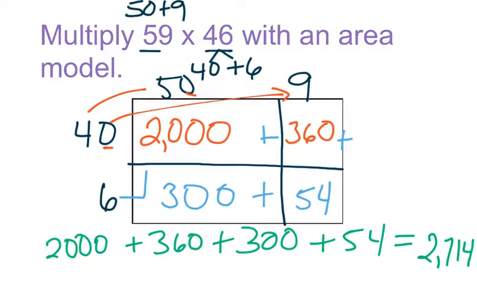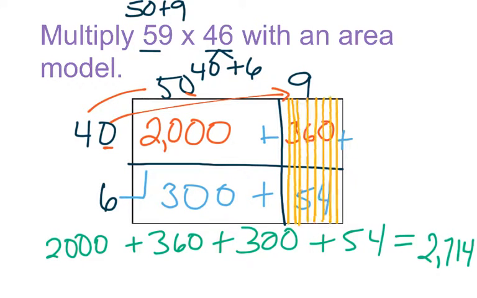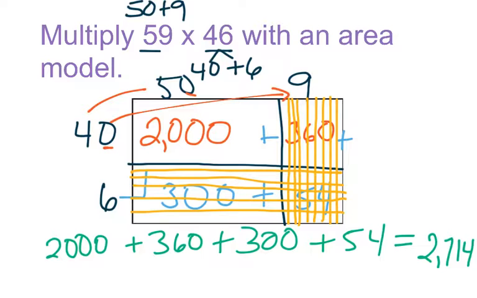Now, as a note, some people draw the area models. They'll actually draw 9 down. And notice that each one of these longer ones is represented by tens. And then they'll also draw 6 across all the way like this, and then draw their tens as well.